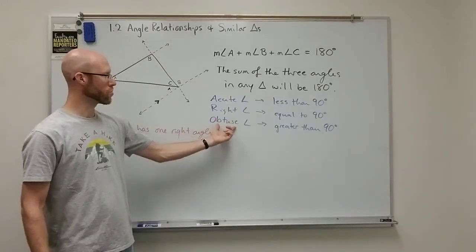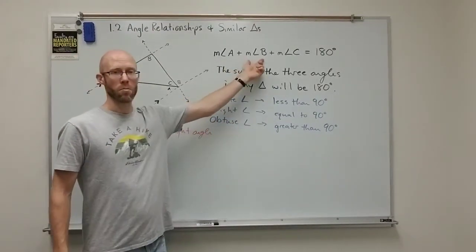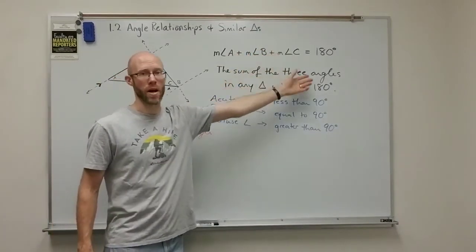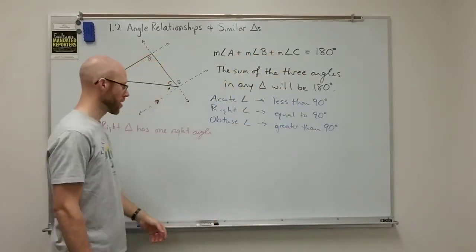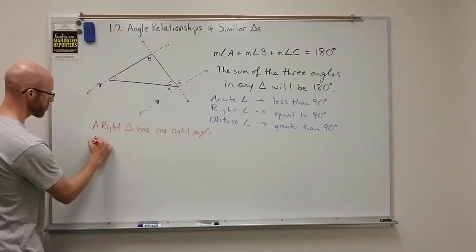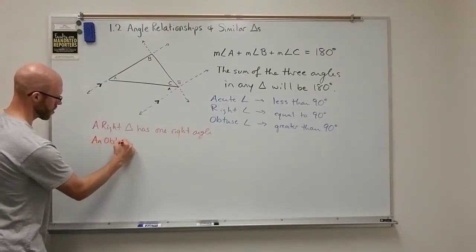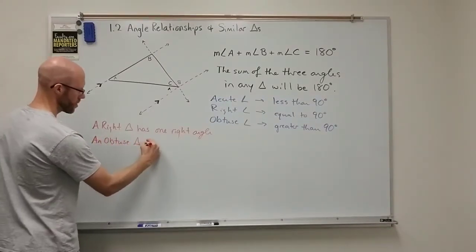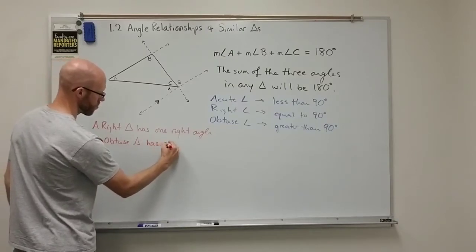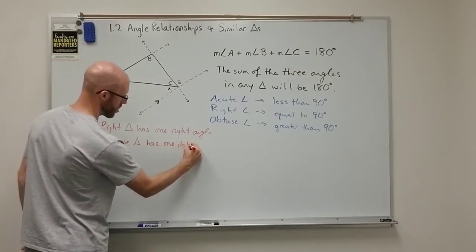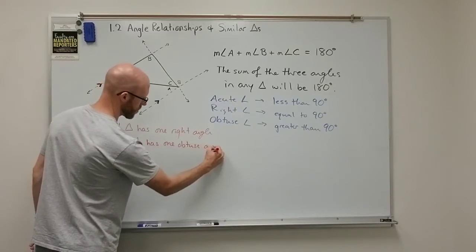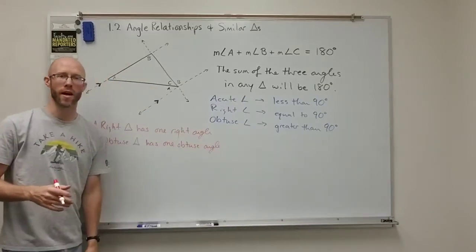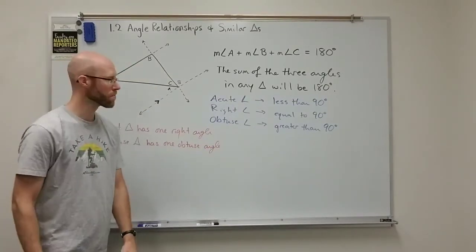I can't have two angles greater than 90 because just by themselves I would surpass the 180 limit. Okay, so an obtuse triangle has one obtuse angle. You can still have one, but you can't have two or three obtuse angles.